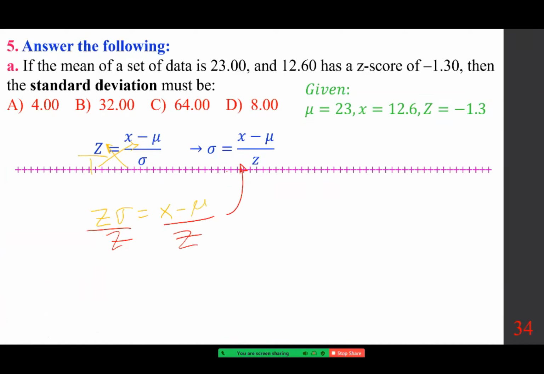So that's very straightforward. Now we are going to plug in x, 12.6 minus mu 23 over z negative 1.3, and we put it into a calculator, results in number 8, and that means D must be the answer.